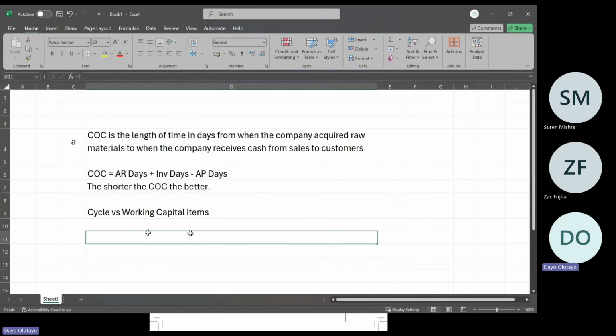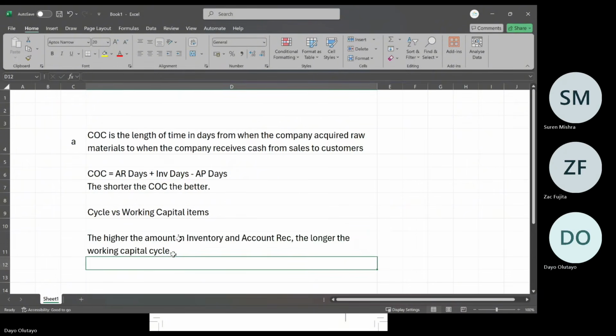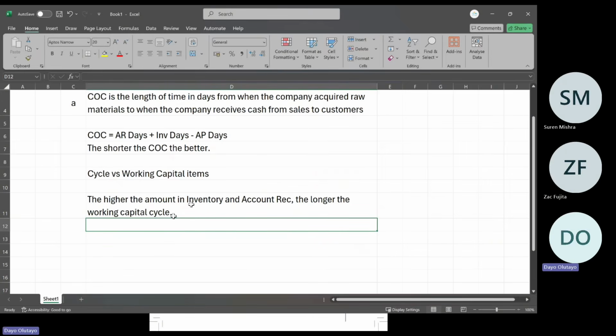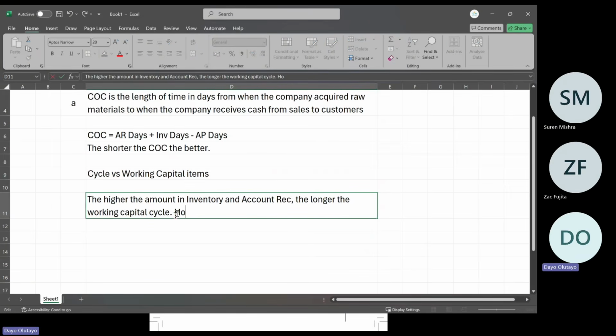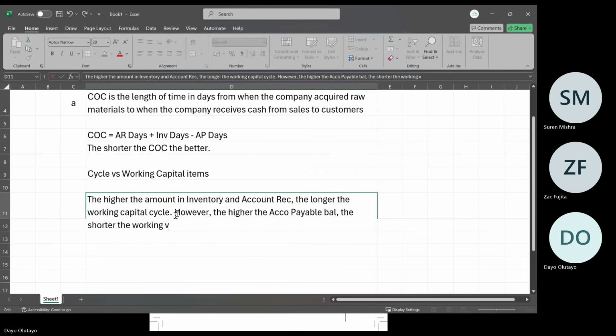So the first thing to say is the higher the amount in inventory and account receivable, the longer the working capital cycle. However, the higher account payable balance, the shorter the working capital cycle.